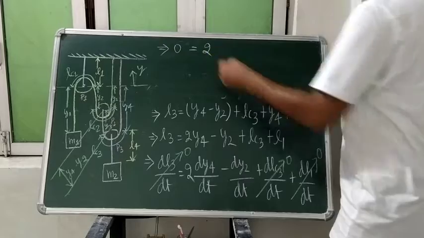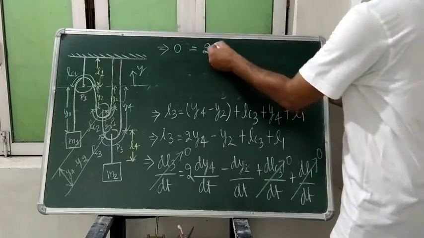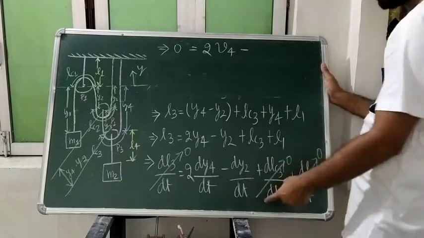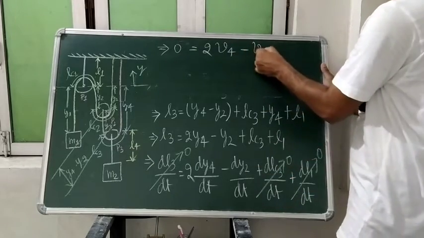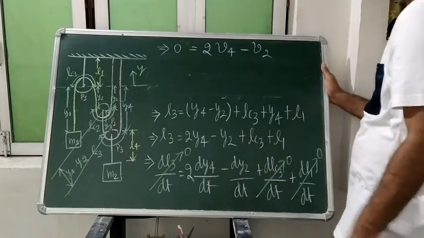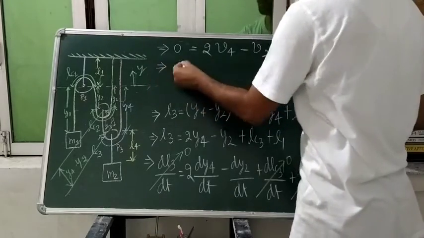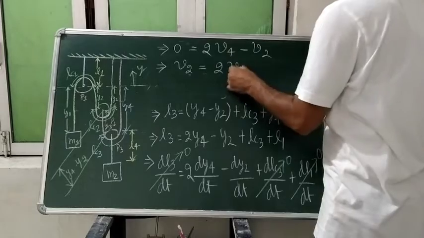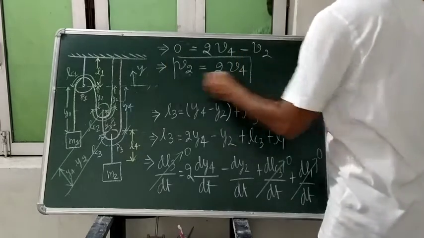Twice of V4, we can say, and minus V2. Meaning our V2 will be equal to twice of V4.